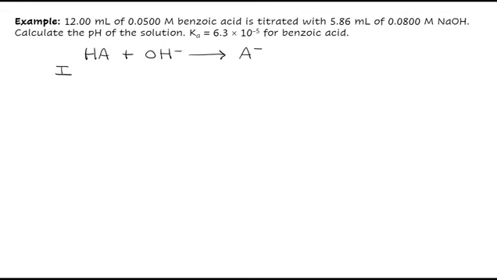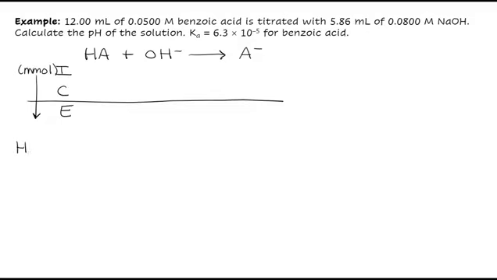Our rows are I, C, and E, initial, change, and end, and our units are millimoles. We're given molarities in the problem, and so we are going to need to calculate millimoles.